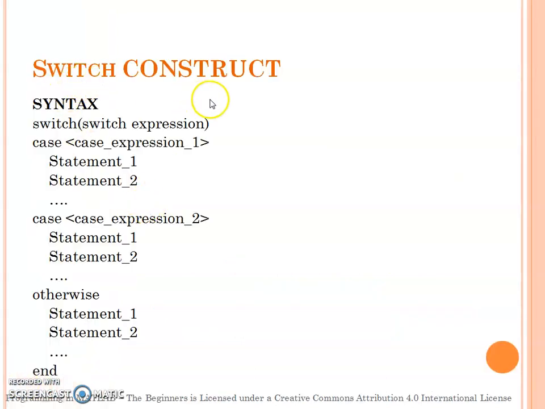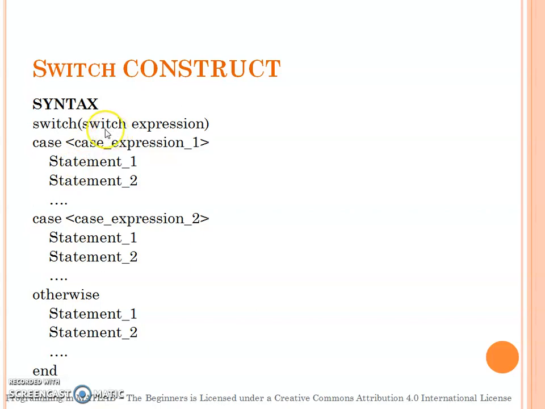So this is the syntax for the switch construct. Switch expression. The switch expression can be a single integer value, or it could be a string, or it can be a logical expression. Then case expression. A case expression can be a single value or multiple values separated by a comma.